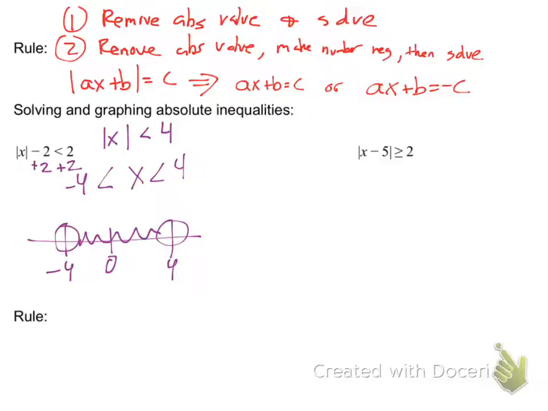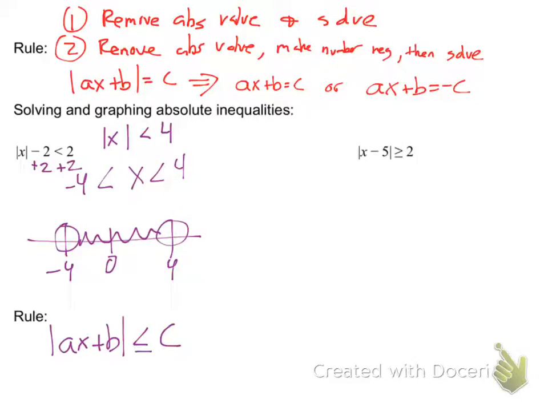Guys, what do we think we could use as a rule on this one? I'm going to go back up to the top where we have our ax plus b, the absolute value, okay? What if I said that that was less than c?